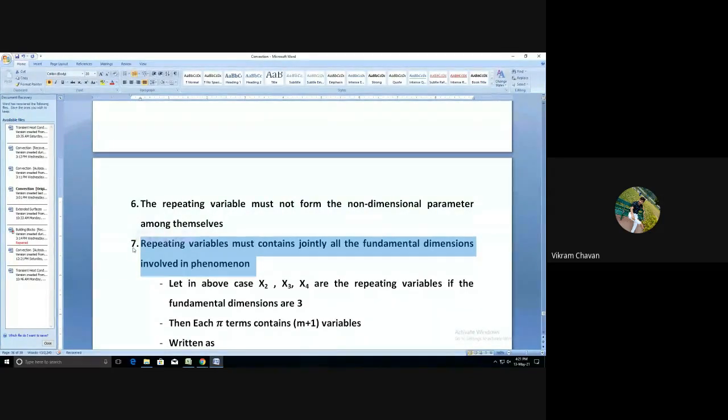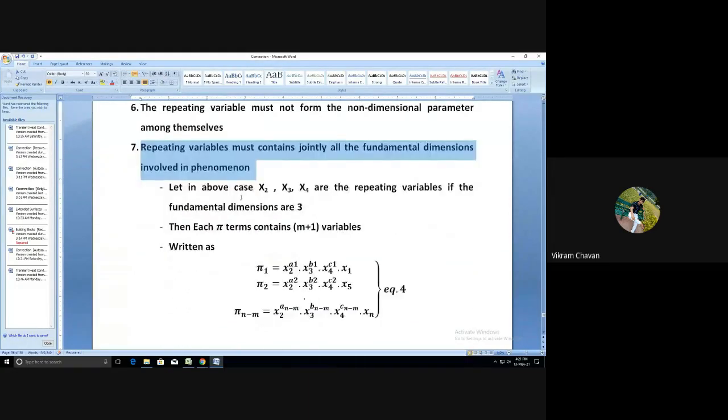So these are the 7 rules we have to follow while selecting the repeating variables.